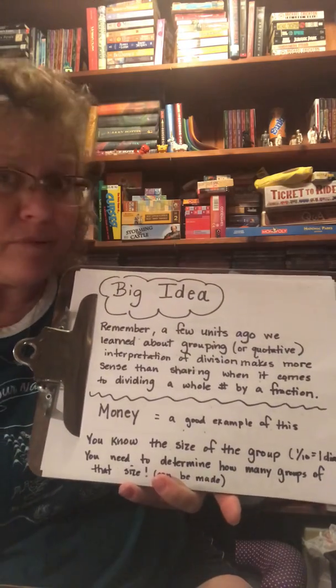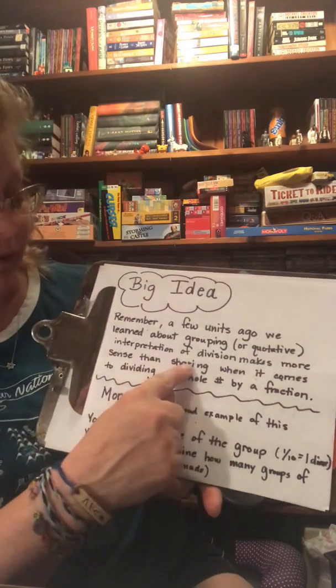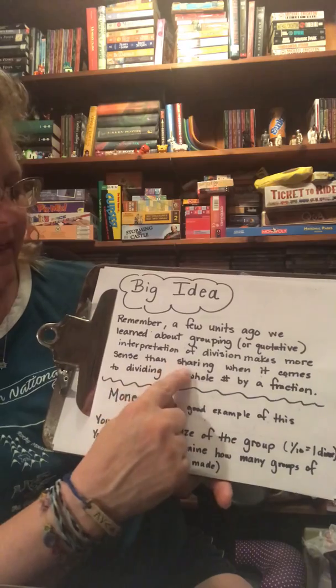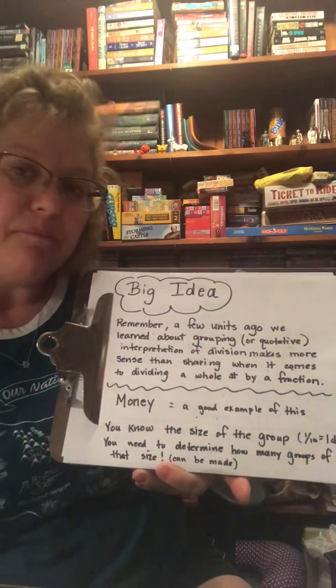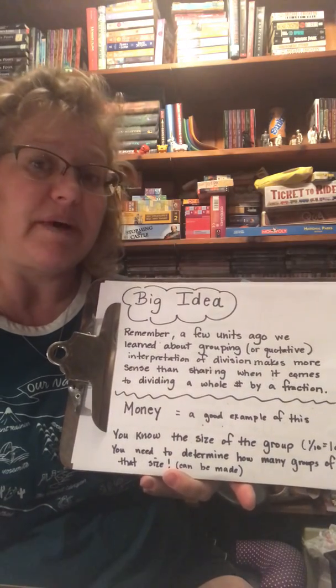Whew. I don't remember it being called that when we were working on it, but I do kind of remember how when we did this, it made more sense than sharing when it became dividing a whole number by a fraction. That's hard to do. How do you divide a whole number by a fraction?